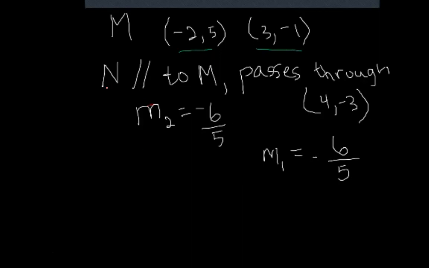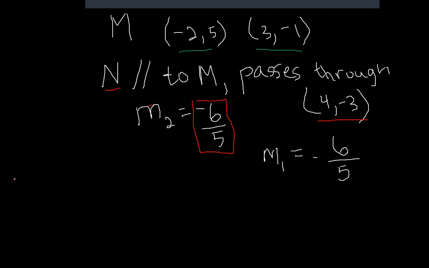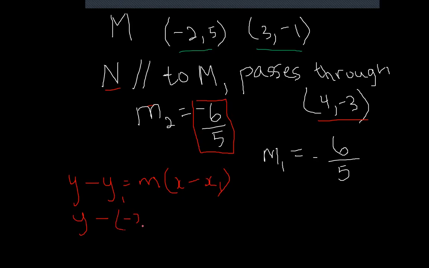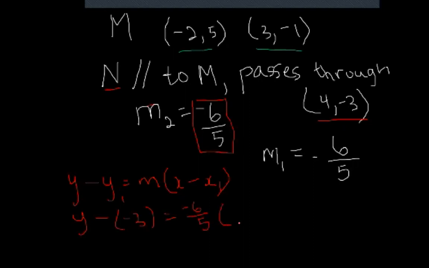It told us that n, so we know the gradient for n is minus 6 over 5, and we also know that it passes through the point 4, minus 3. So using the second method, y minus y1 is equal to m times x minus x1. y1 is minus 3. So that's y minus minus 3 is equal to minus 6 over 5 times x minus x1. x1 is 4.